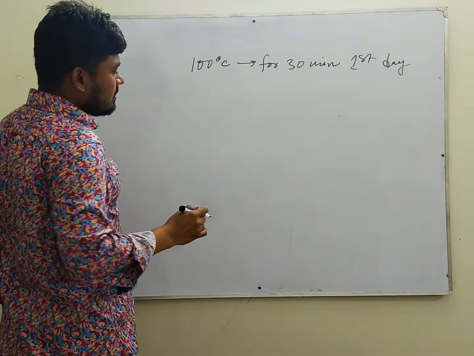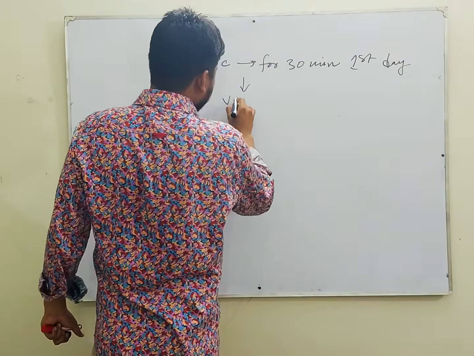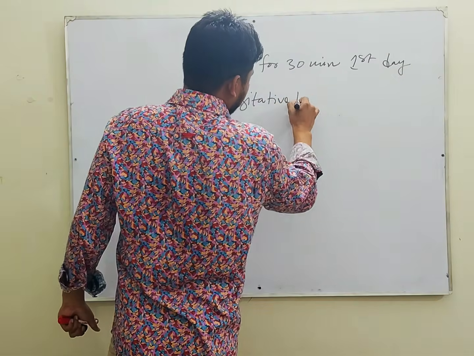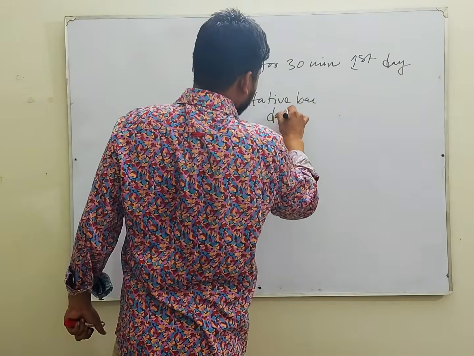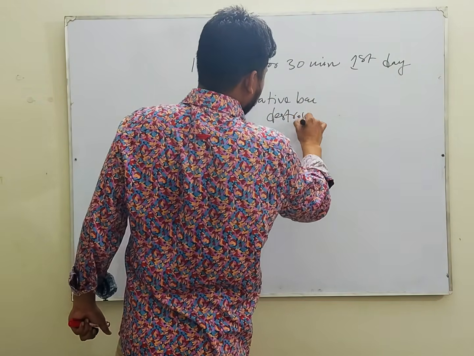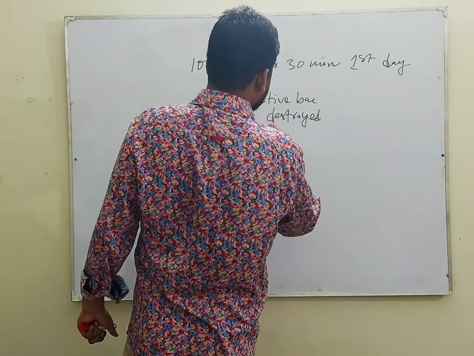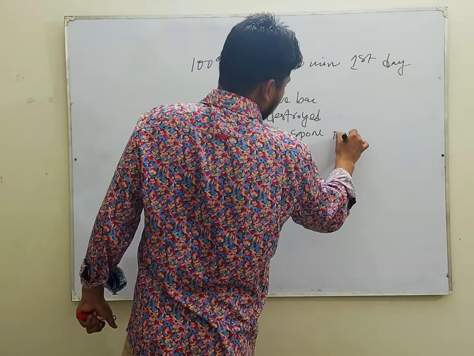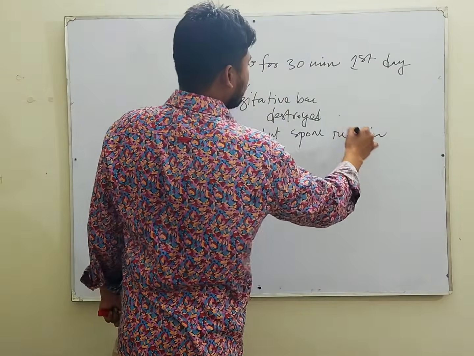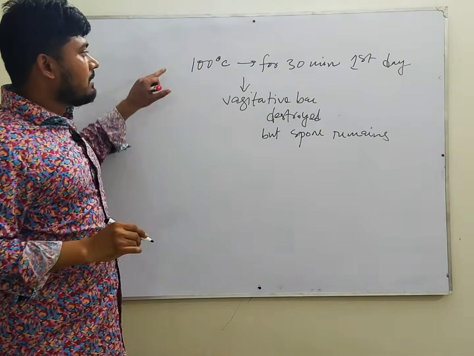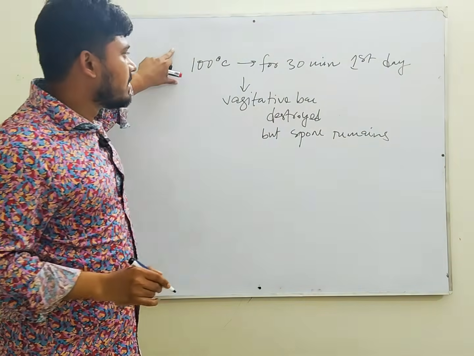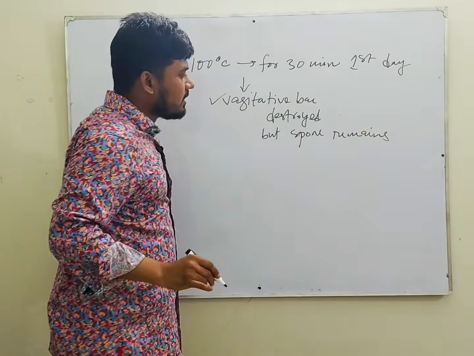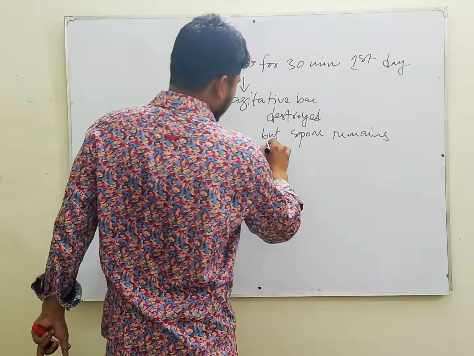For this heating, all the vegetative bacteria are destroyed, but spore remains. After heating at 100 degree centigrade temperature for 30 minutes, all the vegetative bacteria are destroyed, but spore remains.